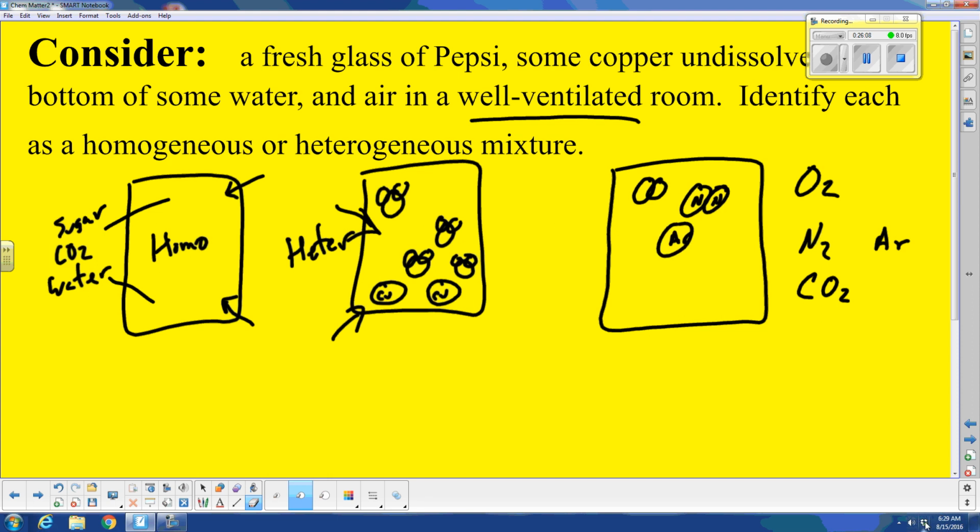And at the bottom, I'm going to have the same kind of arrangement, but they're going to be really spread out. No matter where you sample, you're going to get some of all three, right? And so we would say this is going to be homogeneous.